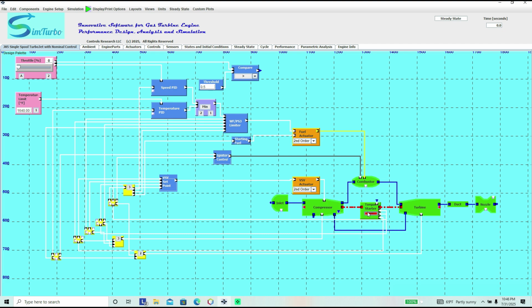Here we have a torque starter, and as you probably know, a turbojet is not self-starting, so you need an electric starter, here represented by the torque starter component, to start the system, and then when you get to a certain speed, in this case 9,000 RPM idle, the torque starter is disconnected from the system, and you have a direct connection in a shaft from a compressor to the turbine.